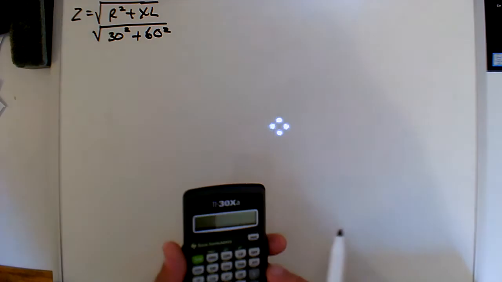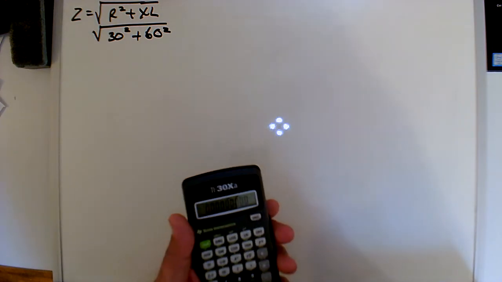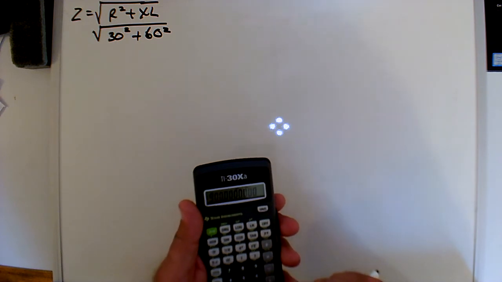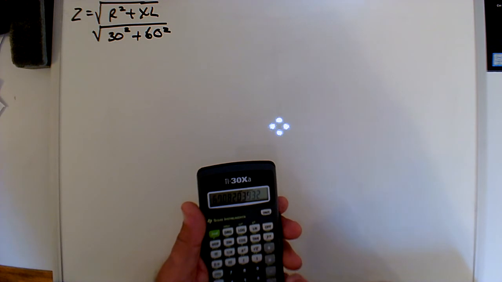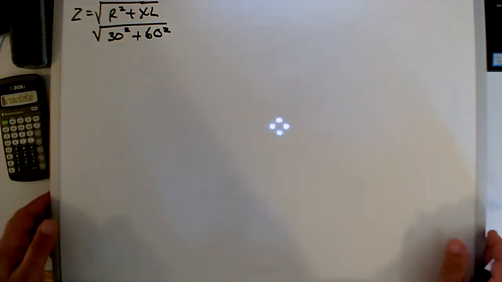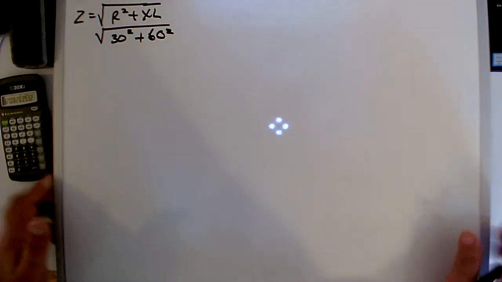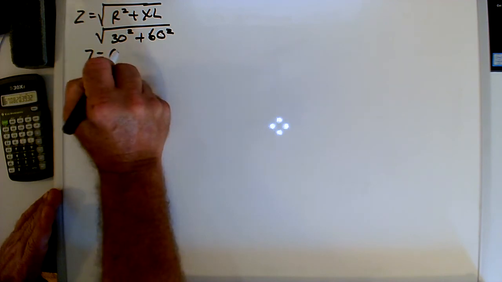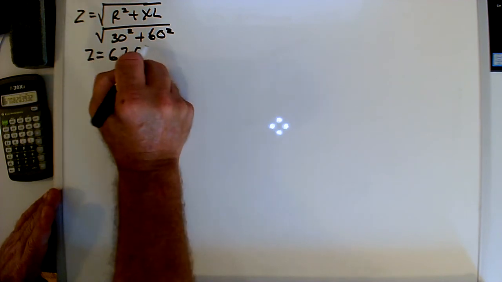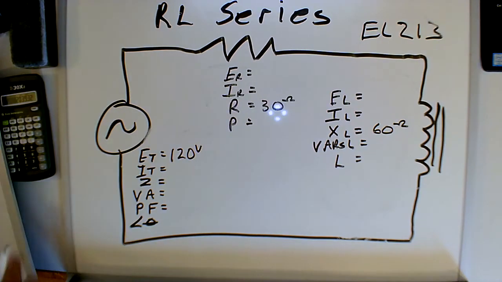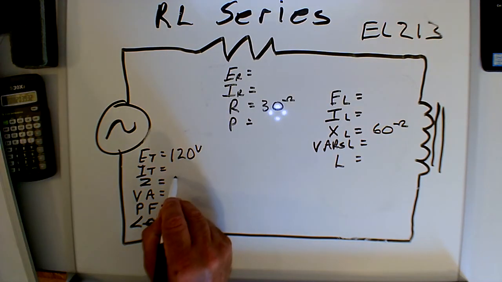I grab my calculator. I have 30 squared plus 60 squared equals, and then the square root of that is 67.08. So in this case, Z is 67.08 ohms. I'm going to write that down right here.